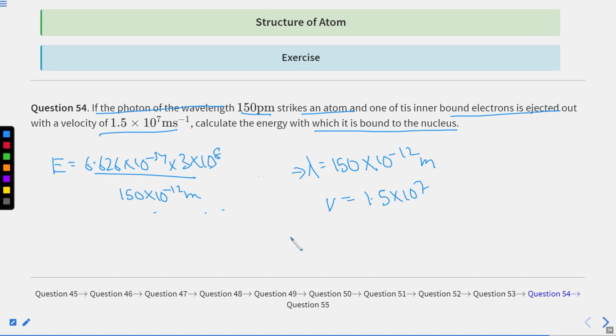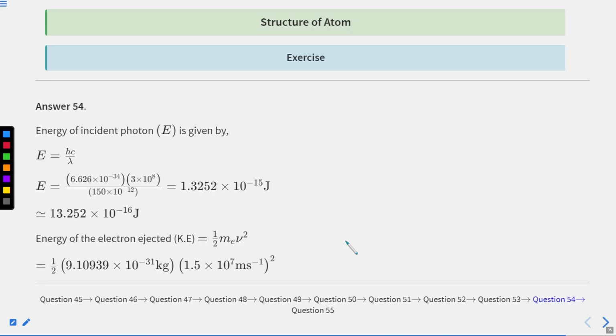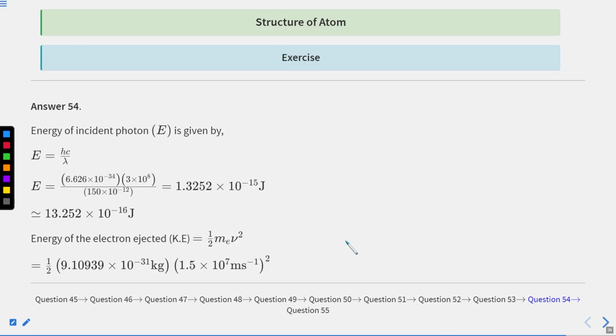The velocity is given. We can calculate the kinetic energy with the help of this, half m, that is 9.1 into 10 to the power minus 31, v square, that is 1.5 into 10 to the power 7. Take the square of it, subtract this value from this, and you will get your work function, that is the energy required to remove the electron from the outermost orbit.